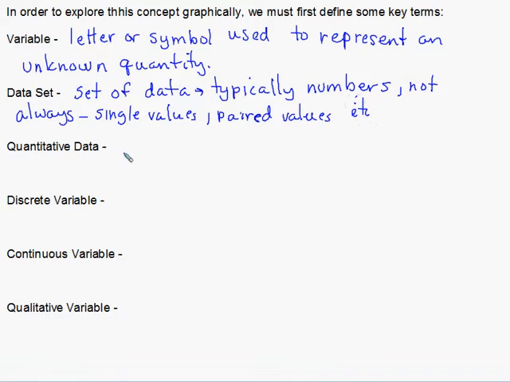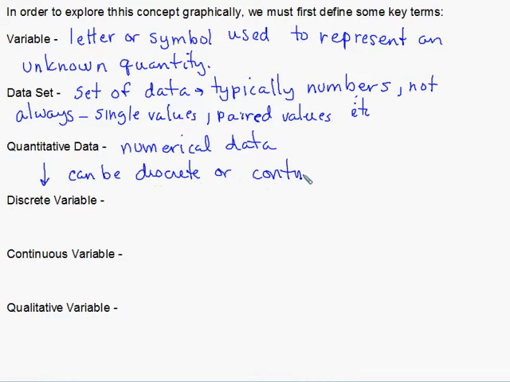Okay, quantitative data is numerical. Quantitative for quantity. And quantitative can be discrete or continuous. And we talked about that in term A, discrete variables being individual data points.